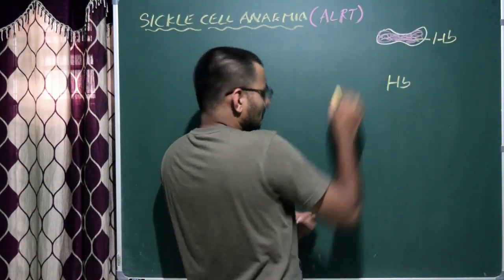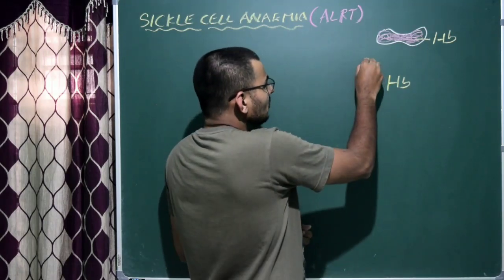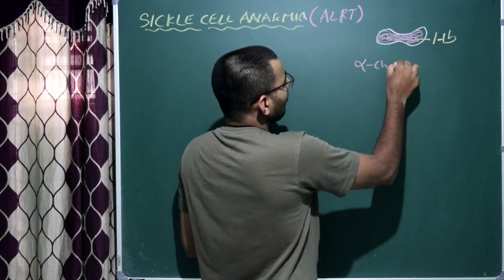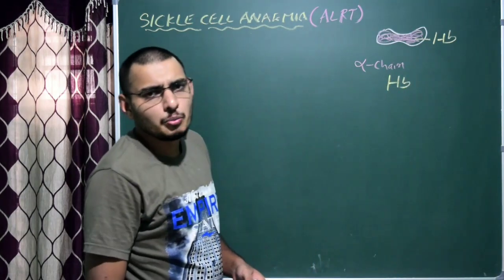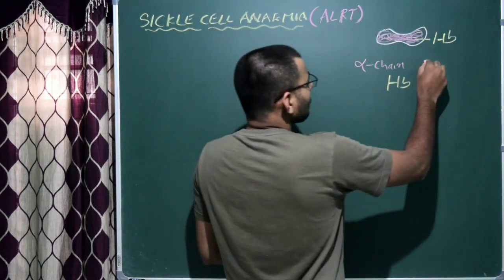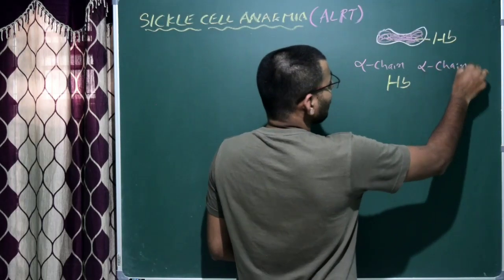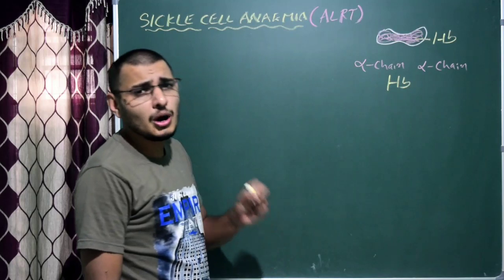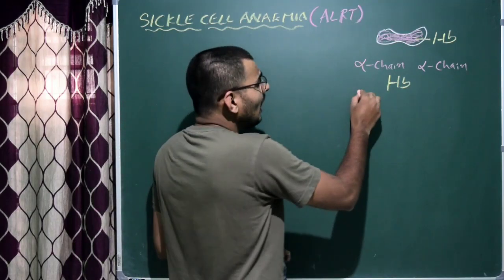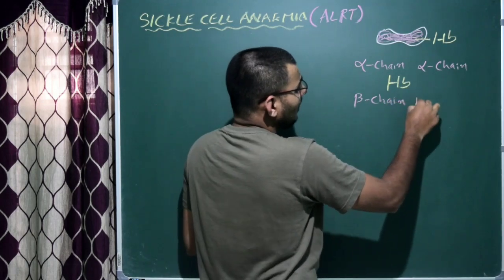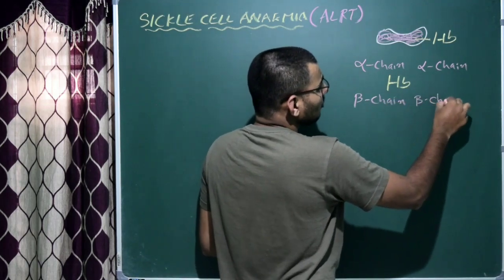What are they? One subunit is the alpha chain. It is also called the alpha globin chain, and the other one is also an alpha globin chain. That means in one hemoglobin you see 2 alpha globin chains, and another one is the beta globin chain, and again one more beta globin chain.